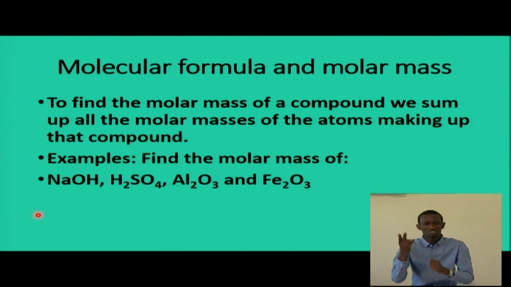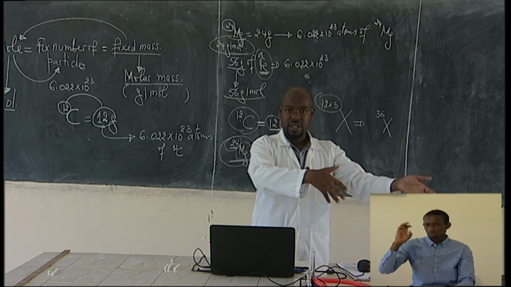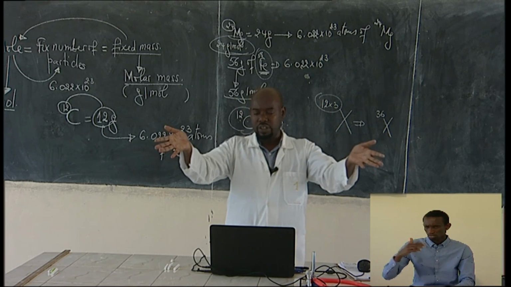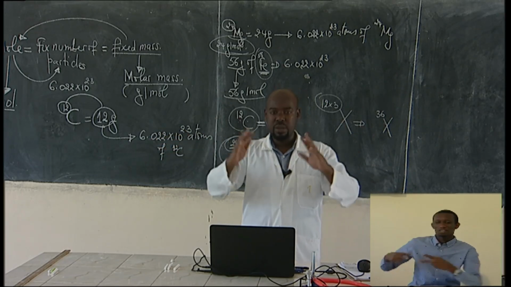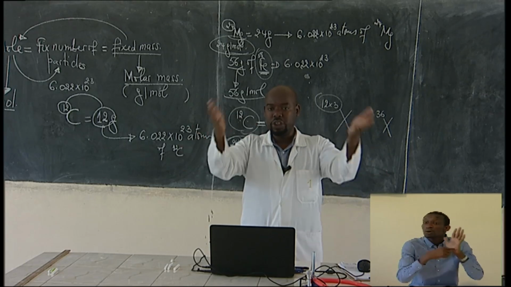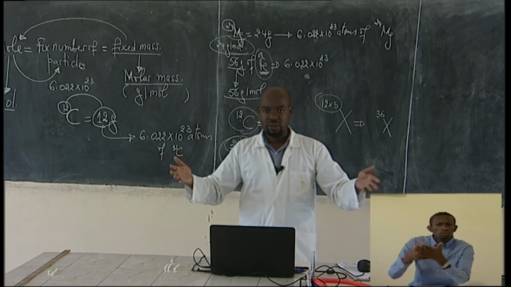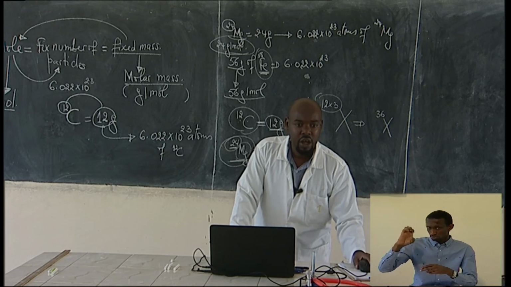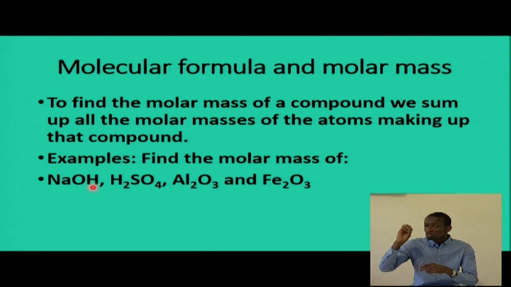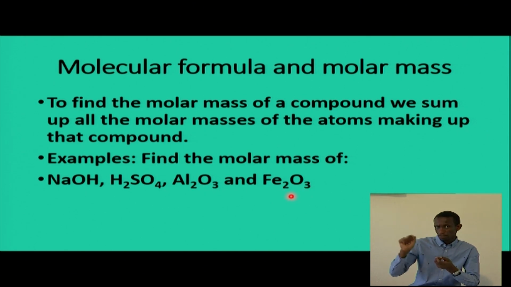Now, what is molecular formula and molar mass? Molecular formula, we know that. We have the elements, but when atoms from different elements react, we get molecules and compounds. And the symbolic representations of those compounds or molecules, that is what we call molecular formula. For example, here we have the molecular formula of sodium hydroxide. This is the molecular formula of sulfuric acid, aluminium oxide, and iron oxide.